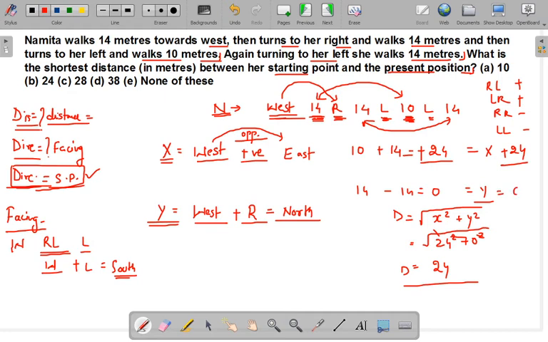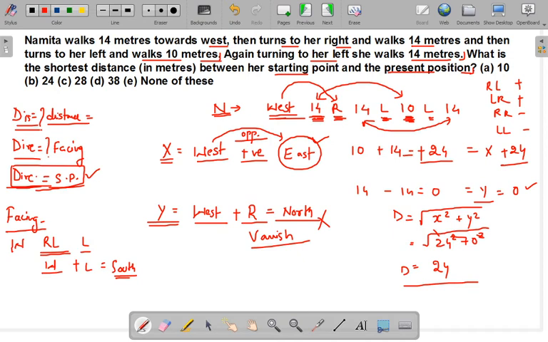Value of y is 0. Now since the value of y is 0, this direction will vanish. So according to the question, Namita is in the east direction with respect to her starting position.